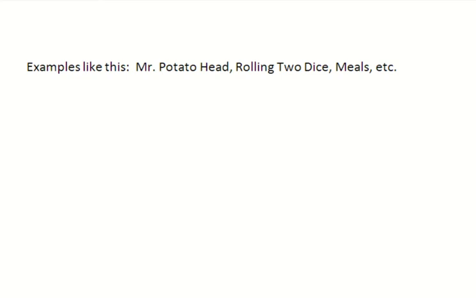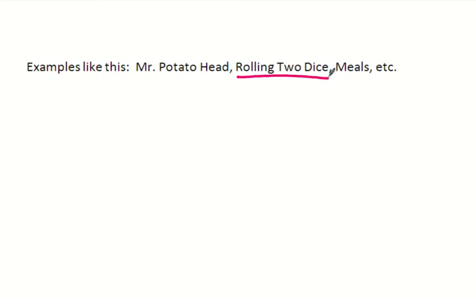So many different hat pieces, nose pieces, mouth pieces, legs, arms, whatever. And so the question would be, how many different possible potato heads could you make, choosing one pair of eyes, one nose, one mouth? You would multiply all those numbers together.